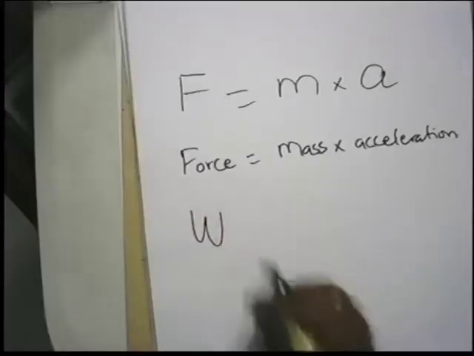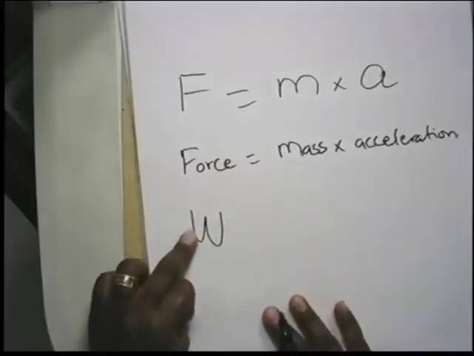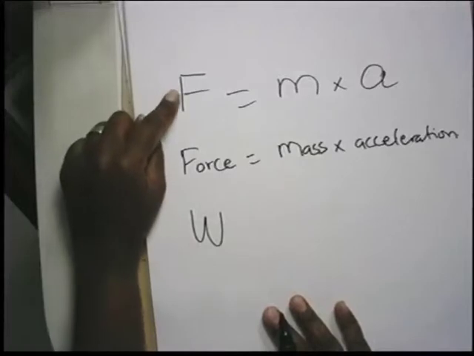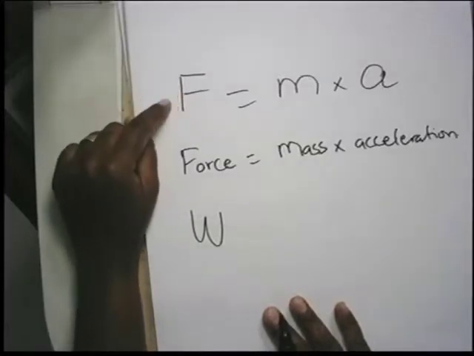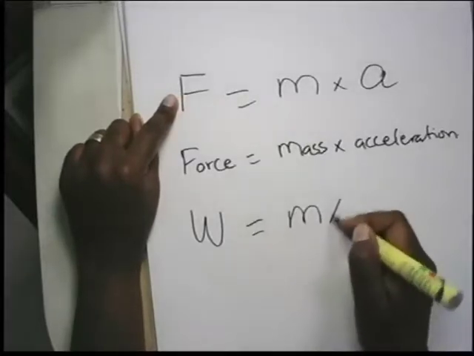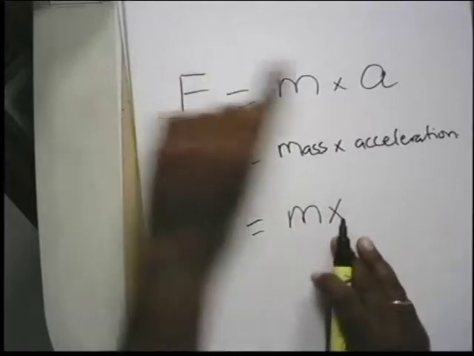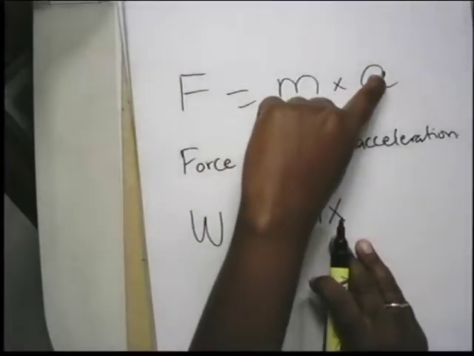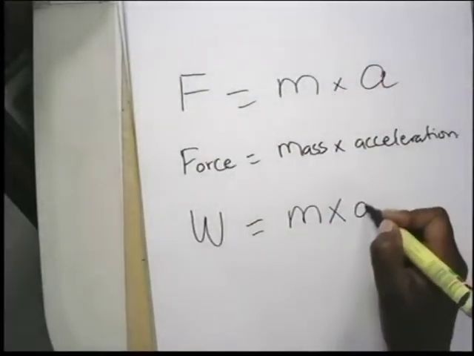Weight, which is a force, I'm writing it next to our Newton's second law of motion. Weight is given by mass times gravity, acceleration due to gravity, which we say is g.